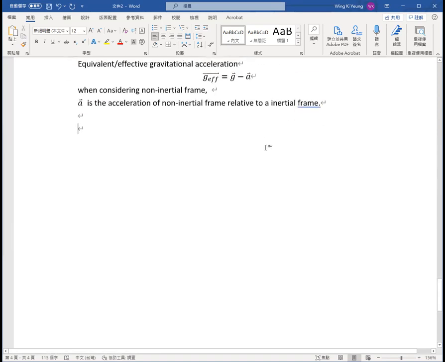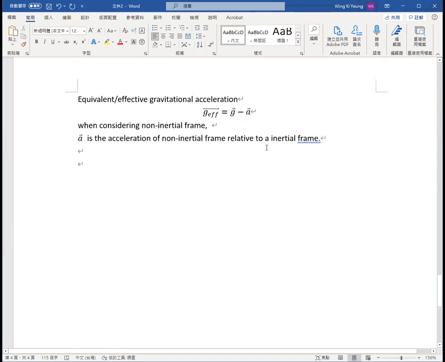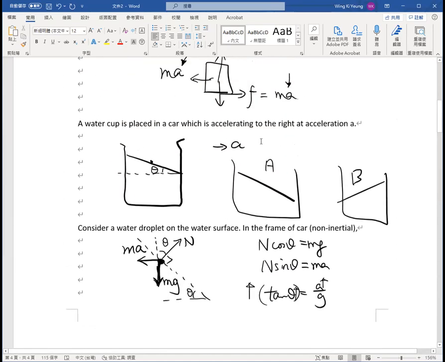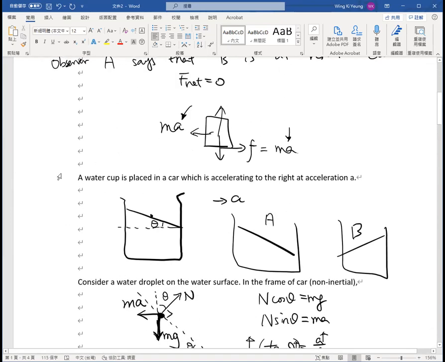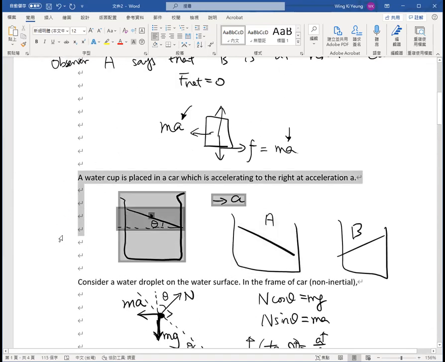So what does it mean? In this case, you just consider that the gravity is tilted by some angle. It's no longer vertical. Let's go back to some of these cases, say this one.